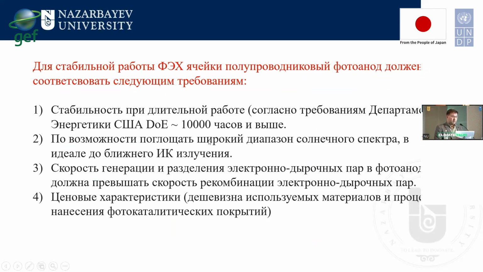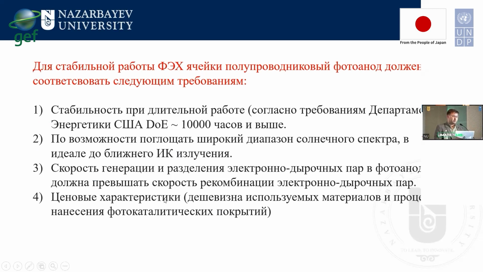After it works this amount, you can replace it. It should also absorb a wide range of the solar spectrum, which is not always possible because the rate of reaction can be different.